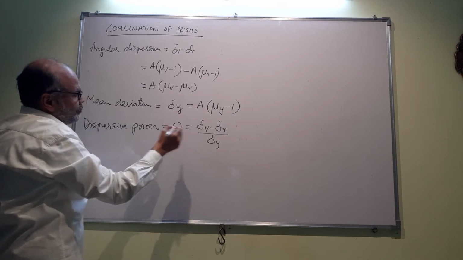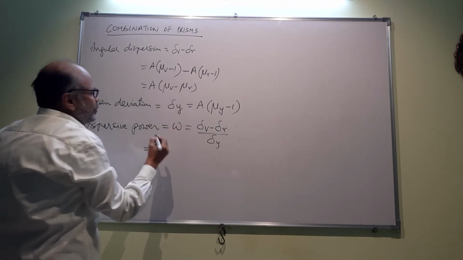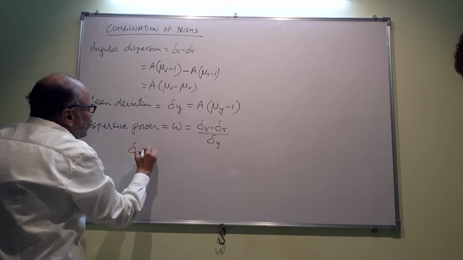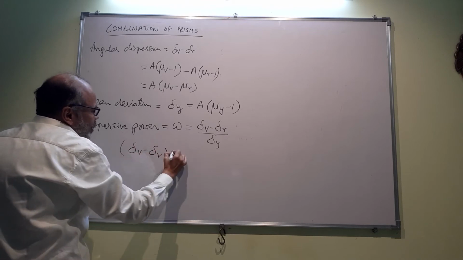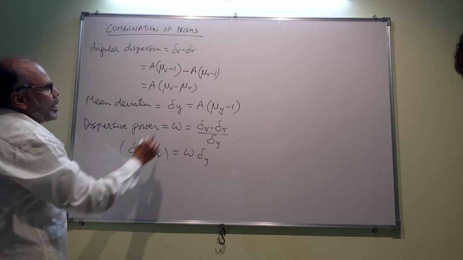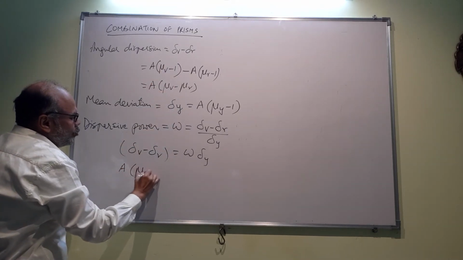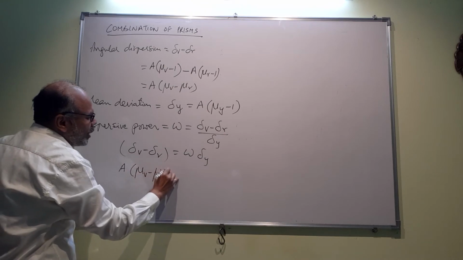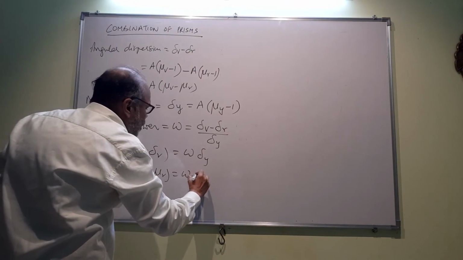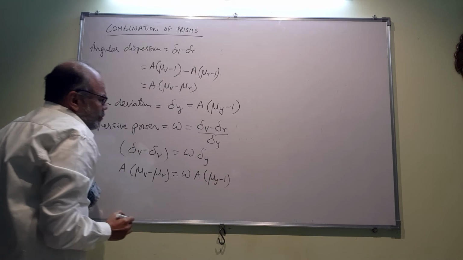Therefore we can also write dV minus dR as omega into dY, or dV minus dR is nothing but A into mu V minus mu R, that is equal to omega into A into mu Y minus 1.